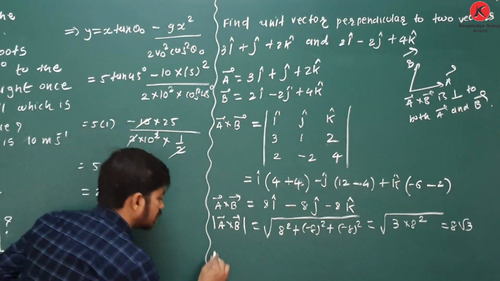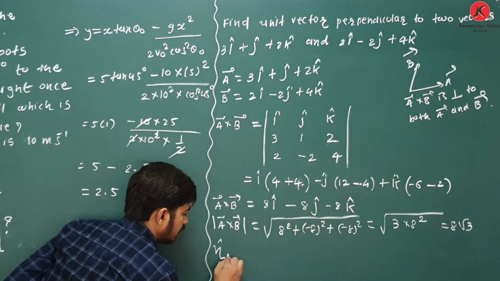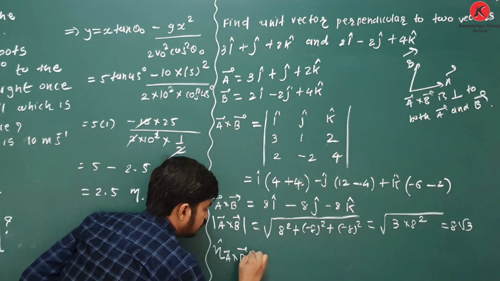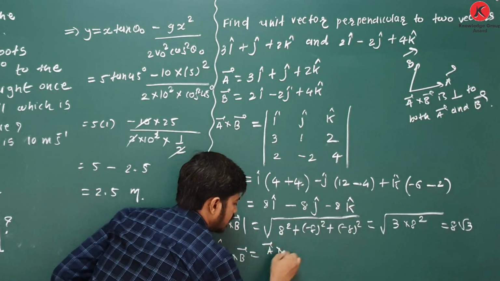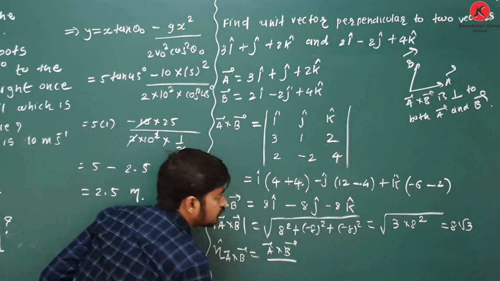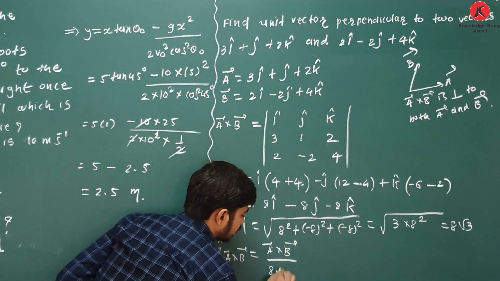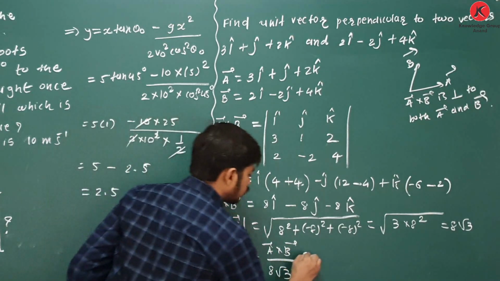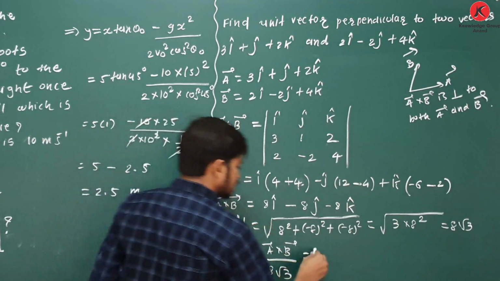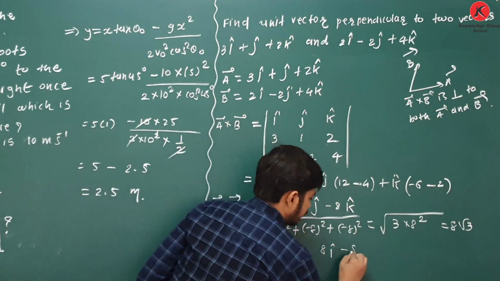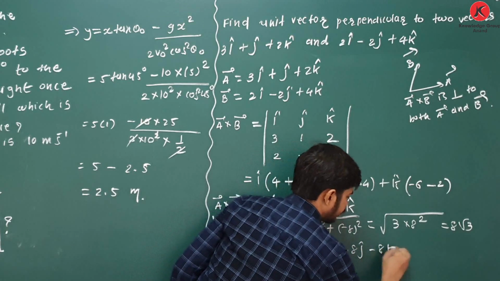How to find the unit vector? Unit vector of a cross b is equal to vector a cross b upon its magnitude, that is 8 root 3. Now what is vector a cross b? Here it is, 8i minus 8j minus 8k.